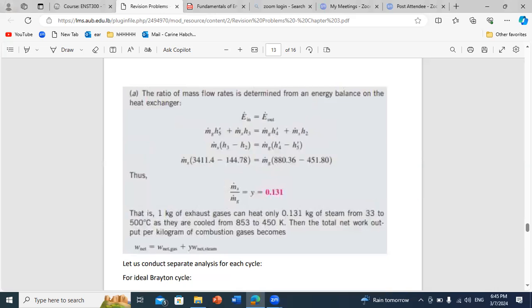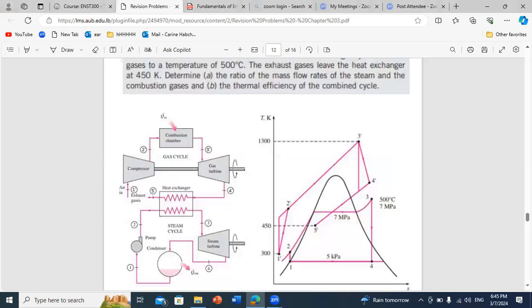So first, let us just look at the figures. If I just tell you calculate the efficiency of the gas cycle, in the gas cycle, your only input is Q dot N, and your output is W dot net, which is W dot turbine minus W dot compressor.